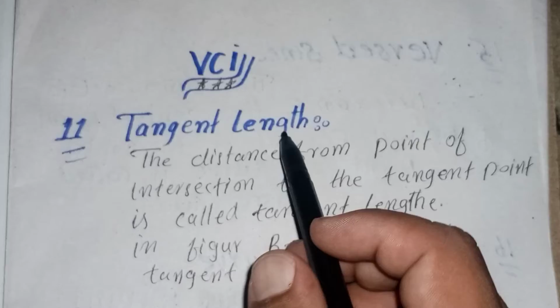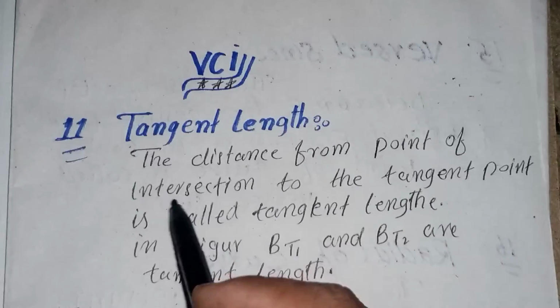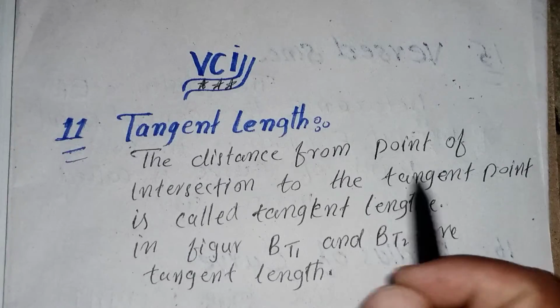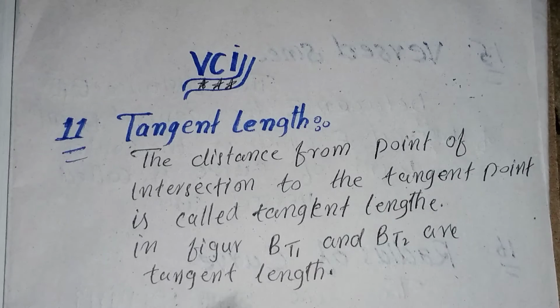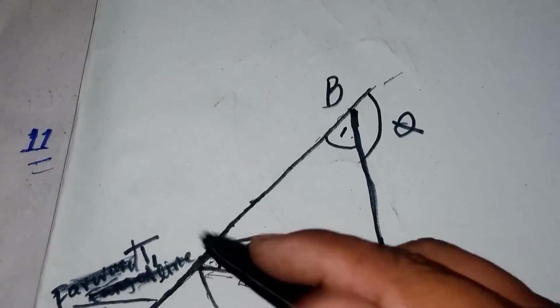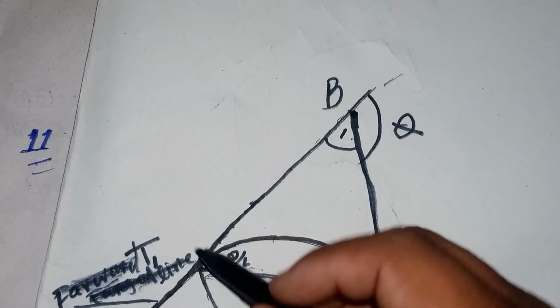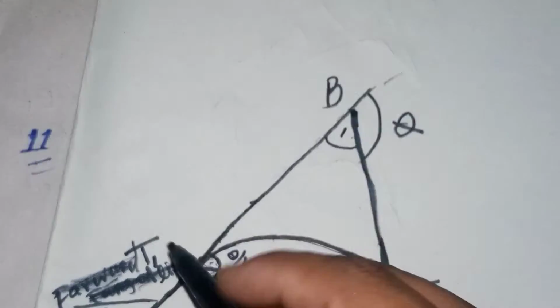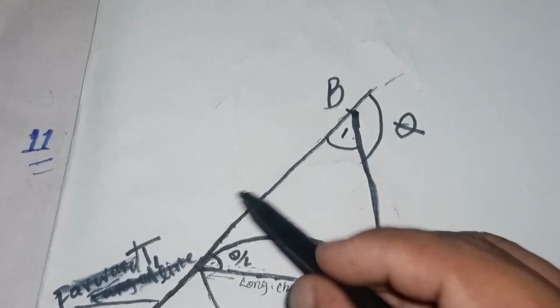Eleventh number, tangent length. The distance from the point of intersection to the tangent point is called the tangent length. In the figure, BT1 and BT2 are tangent lengths. It means that the distance between the tangent point and the intersection point is called the tangent length.